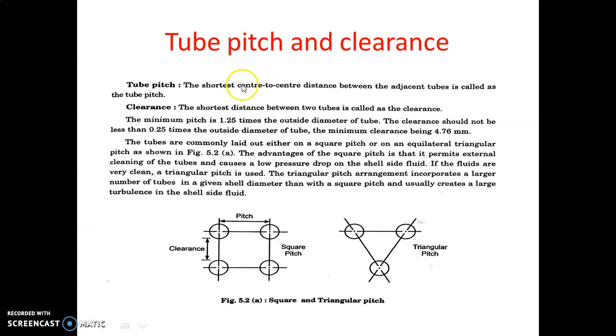The next part is the tube pitch and clearance. For the design of heat exchangers, there are some terms we have to use. One is the tube pitch and another is the tube clearance. What is meant by tube pitch? The shortest center to center distance between adjacent tubes is called the tube pitch.